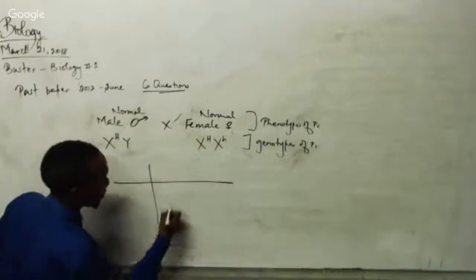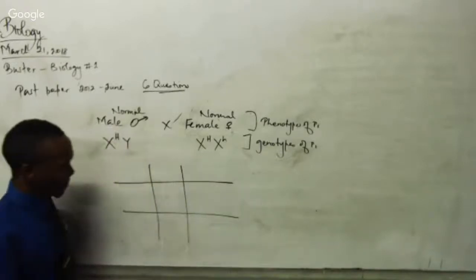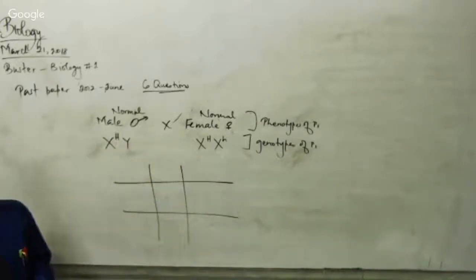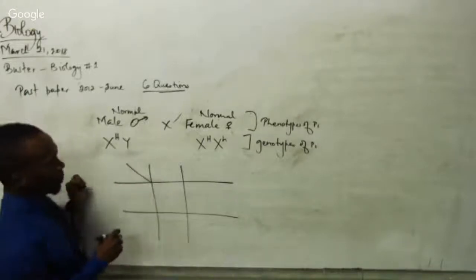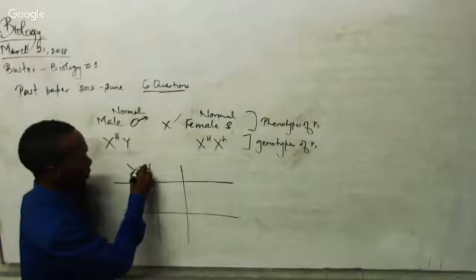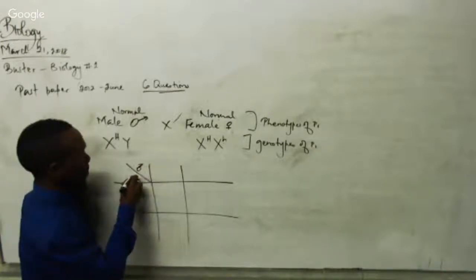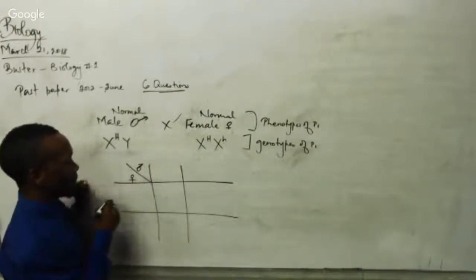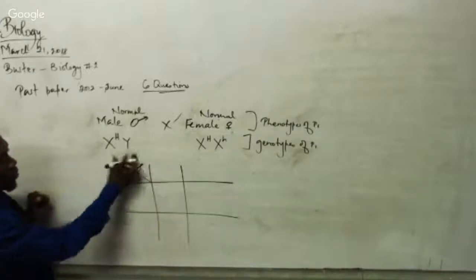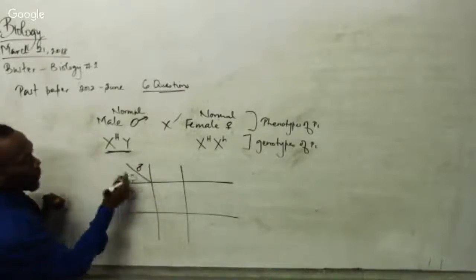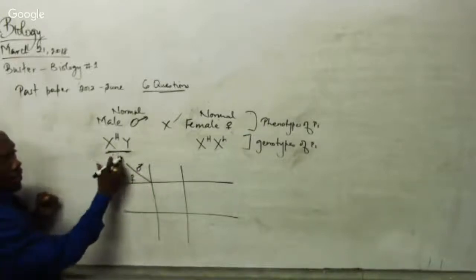Tic-tac-toe, number sign. Yes, a big number sign, and you divide this into 2. Sir, and this is easier? Yeah. So you put the male there, and you put the female there. What are the alleles for the male?